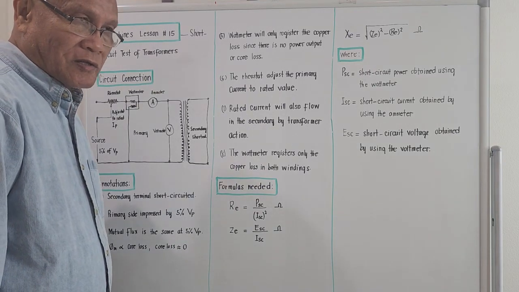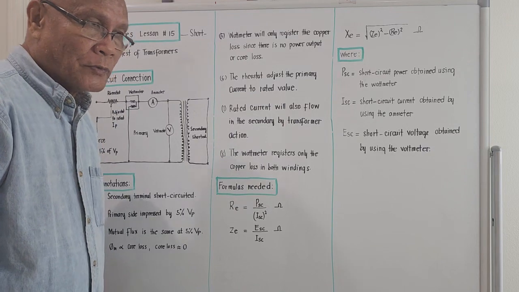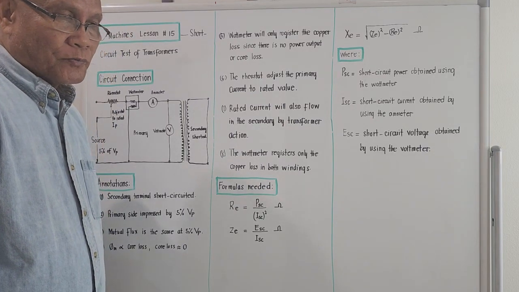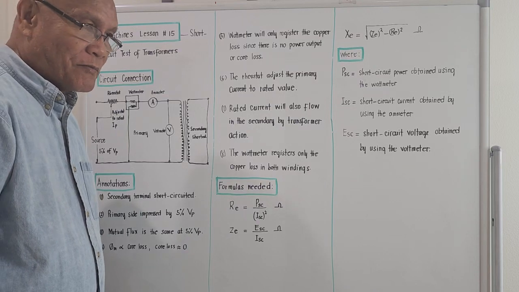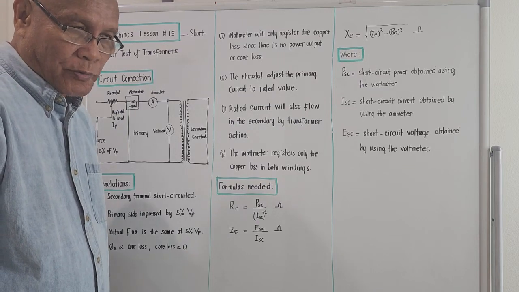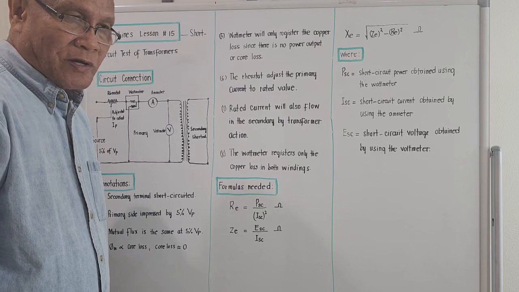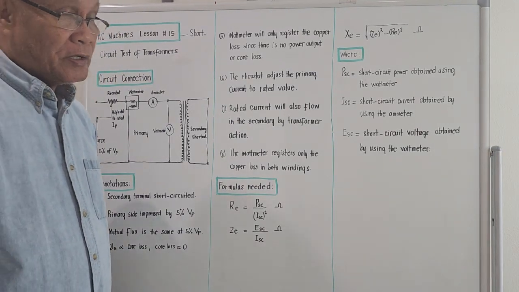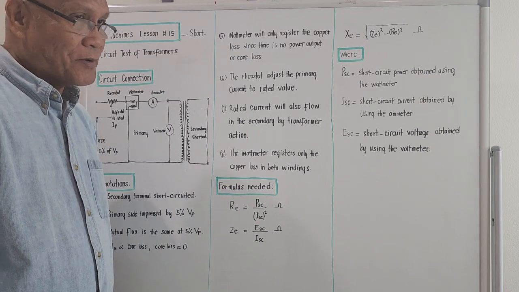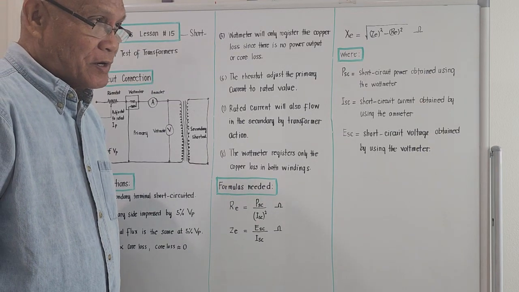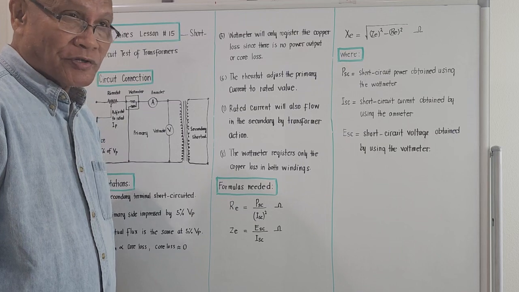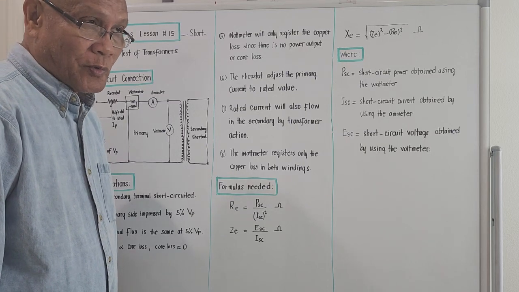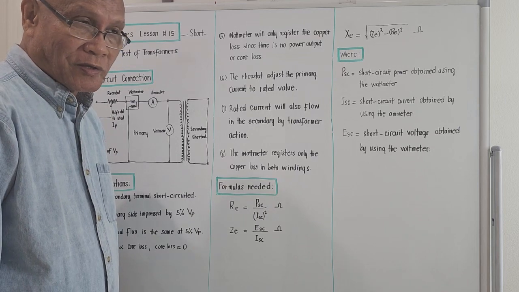It is the test that actually computes the copper losses of the windings of both the primary and secondary of transformers. So if we say short circuit test, it should compute for the copper losses. Copper losses meaning the losses due to the resistance of the windings, the reactance of the windings, and the impedance of the windings.